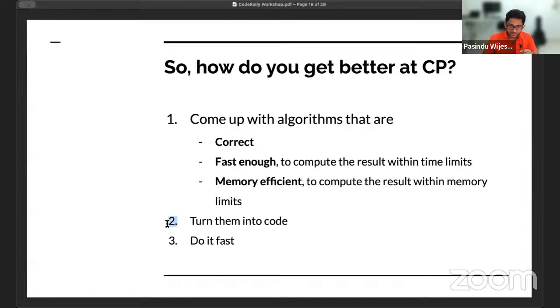So the second one, it's turning things into code. It's something that you're going to gain with practice, right? As you solve more and more problems with a single programming language, you can learn ways to use shortcuts available in that language to quickly and easily turn your raw algorithms into code.